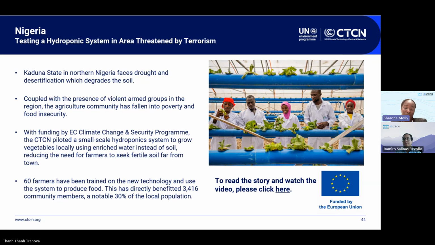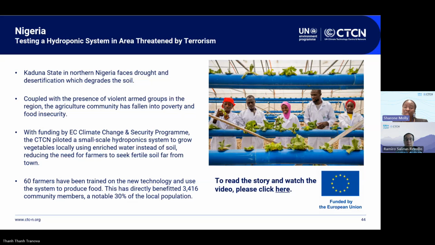And because of climate change, we have instances where the land that was previously arable is shrinking. At the same time, the land that can be used for grazing animals is also shrinking. And so there's a bit of tension between pastoralists and also between farmers. And because of this, it leads to conflicts and unrest. And at the same time, we have issues of terrorism.